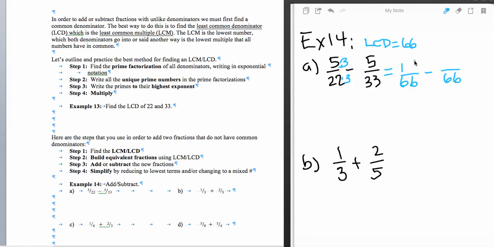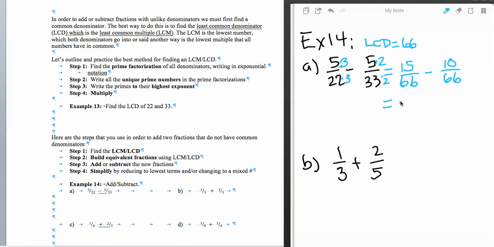So 3 times 5 gives me my new numerator, 15. Then over here, I have 33, and I need to make it 66. 33 times what gives me 66? That's a 2. So we multiply by a 2, top and bottom. So 5 times 2 gives me 10. And finally, I'm to the exact same problem that I ended up with in the last section, where I now have like denominators.